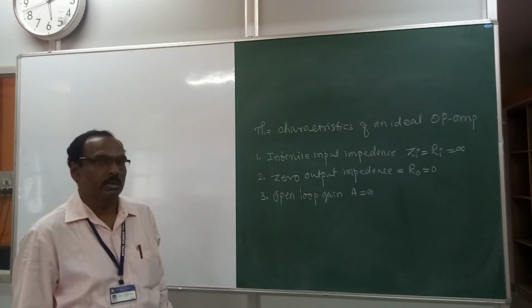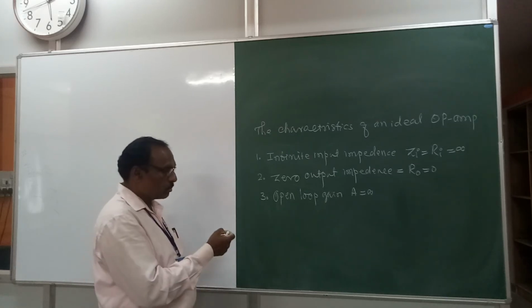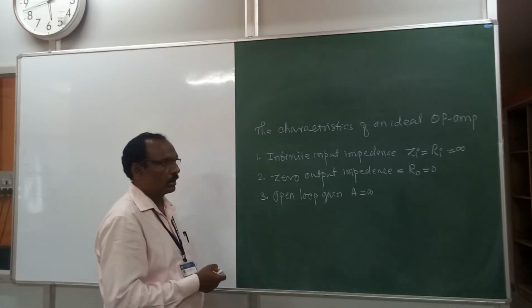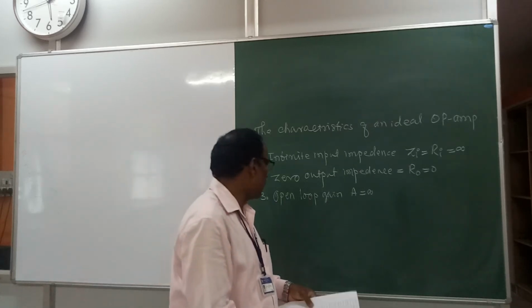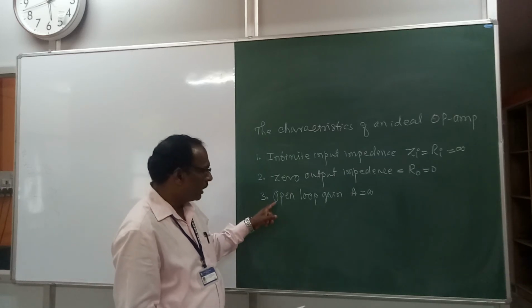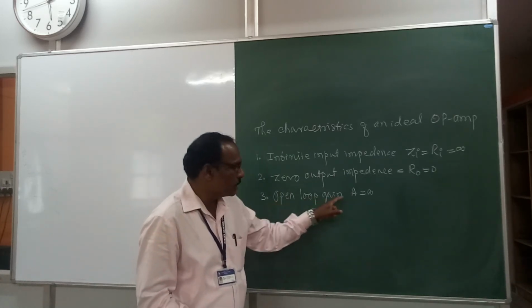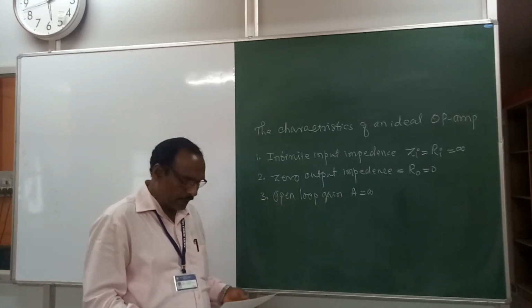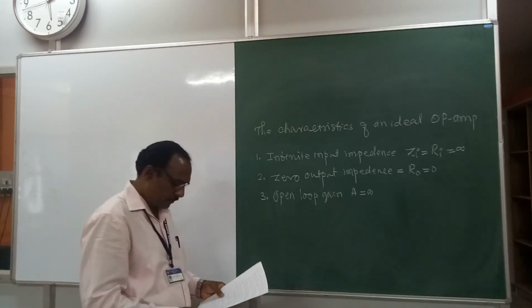You can listen to it. Similarly here, a small feeble differential input gets amplified at the output. And therefore we say the open loop gain is infinite. For a practical op-amp, the open loop gain is very high.